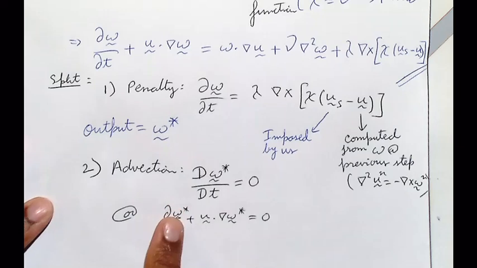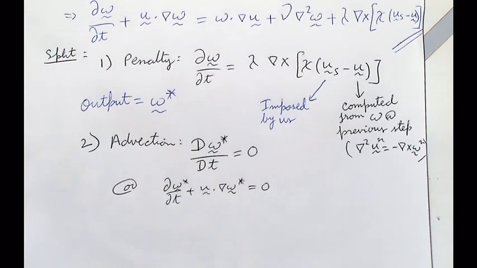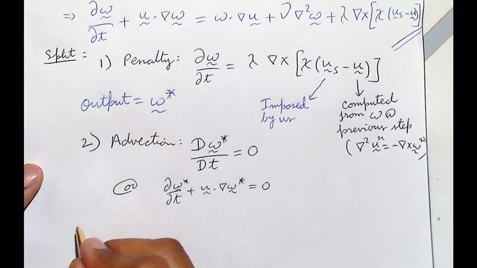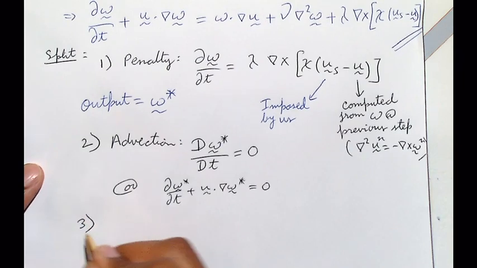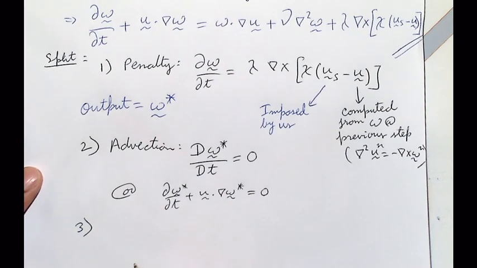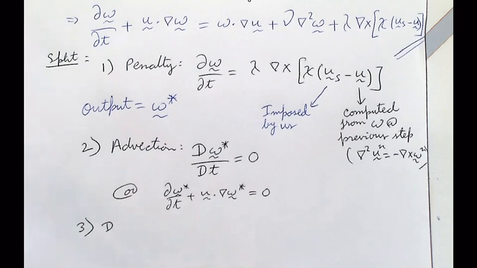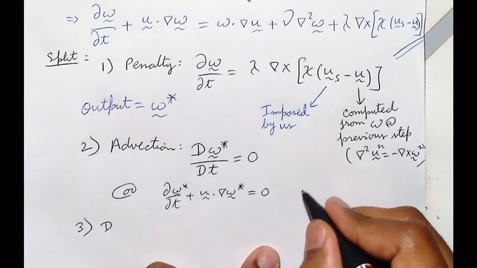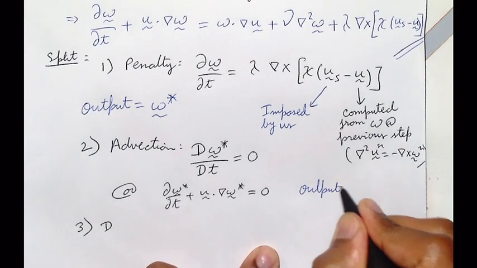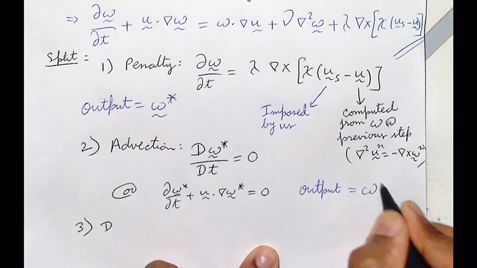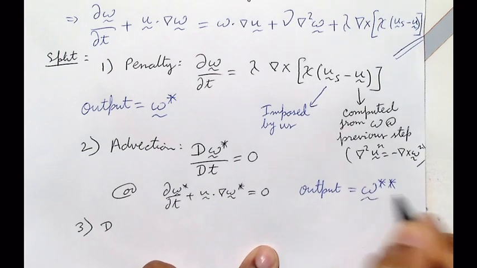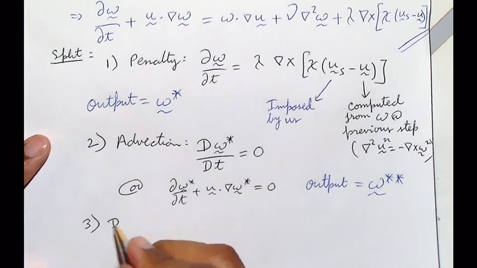And this you can do with semi-Lagrangian transport, or you can use finite difference as you wish. Next, we can do diffusion. Let's say the output here is omega star star.